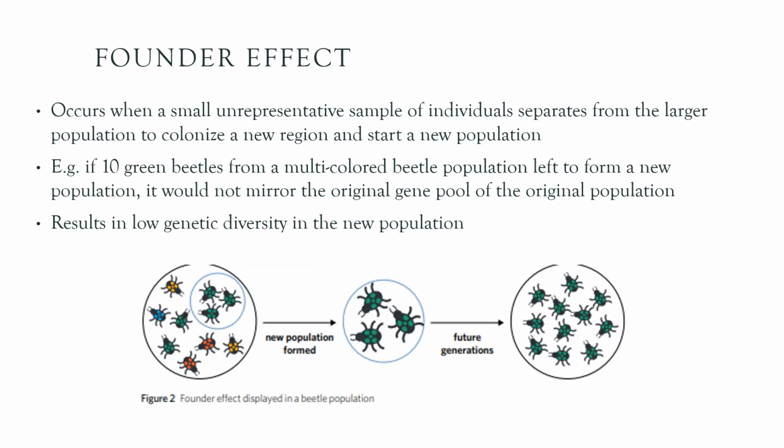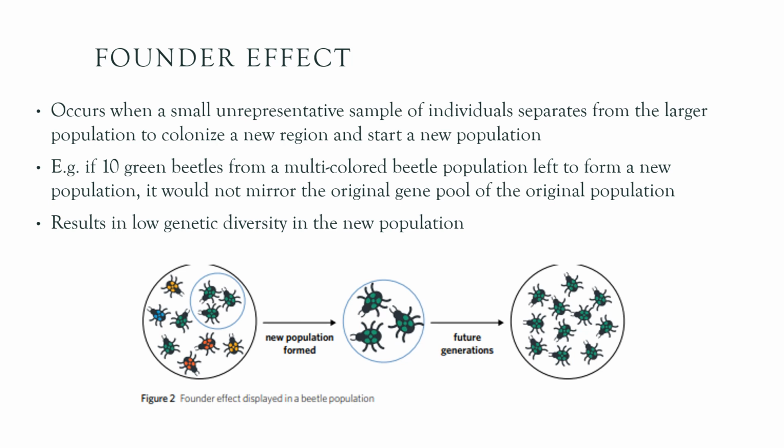We also have something called the founder effect that can cause genetic drift. This is when a small unrepresentative sample of individuals separates from the larger population and colonizes a new region. This could be due to something like a river, for instance, that separates a colony of beetles.